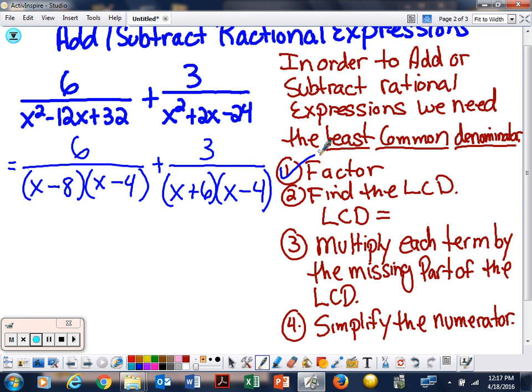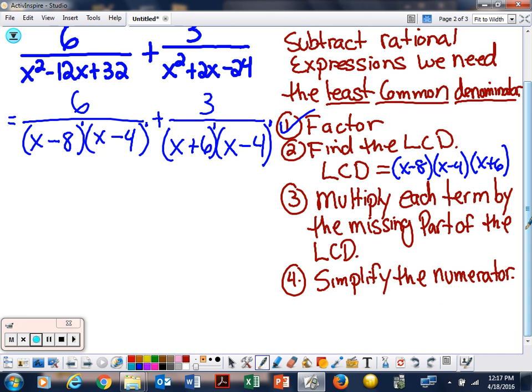Well, okay, so x minus 8 that's to the first power. So I need an x minus 8. I have an x minus 4 here, that's to the first power, and an x minus 4 here, that's to the first power. But I only need one of them. I don't want both of them. So part of my common denominator is x minus 4. And then there's an x plus 6 here yet, so I'm going to also add that. So my LCD, my least common denominator, is x minus 8 times x minus 4 times x plus 6.